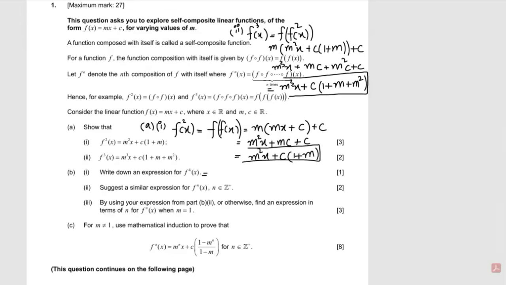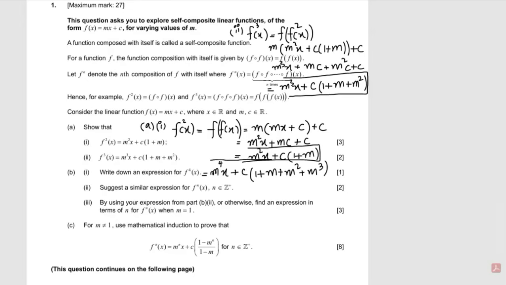So I will start with m to the power 4 x, and then c. Since f squared ends at m, and f cubed ends at m squared, f to the power 4 will end at m cubed: c(1 + m + m squared + m cubed).